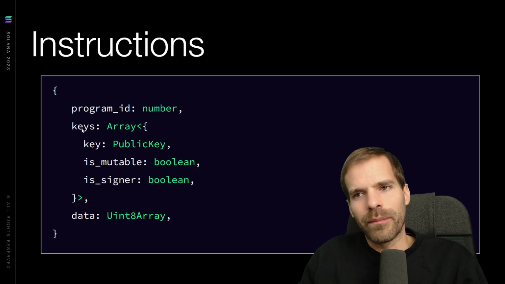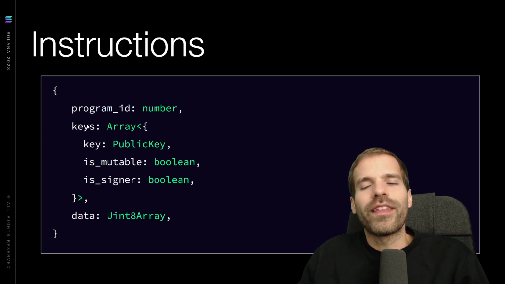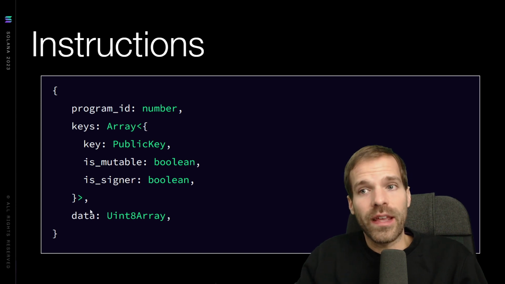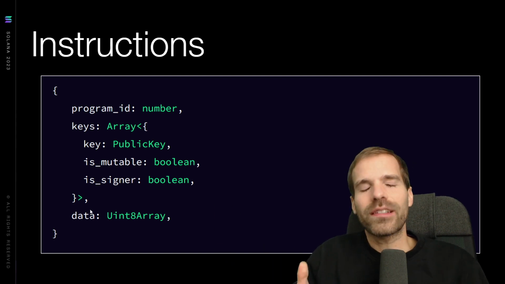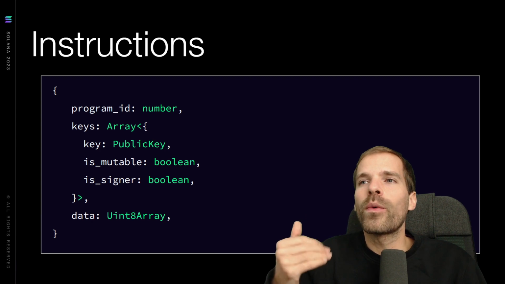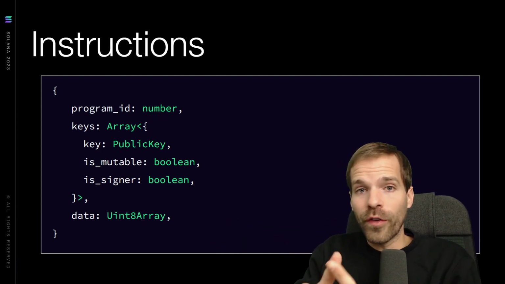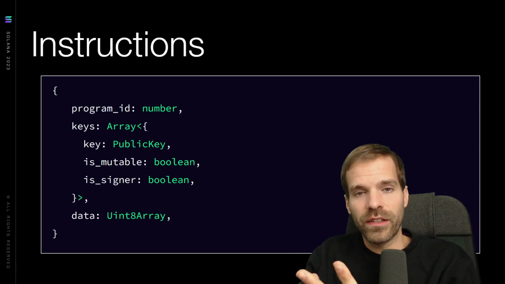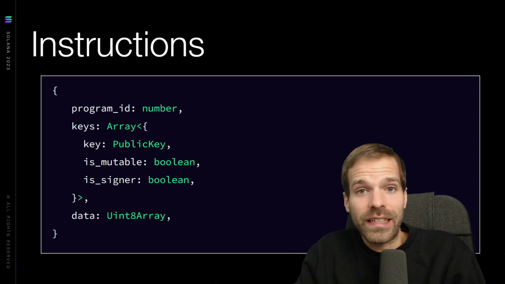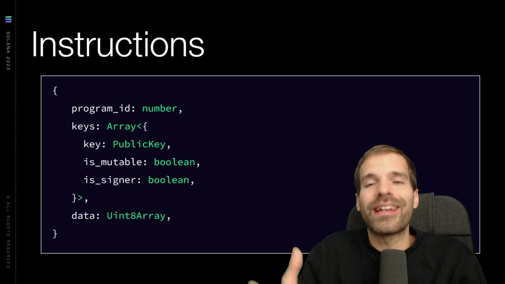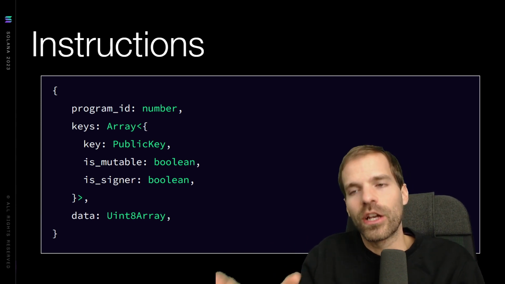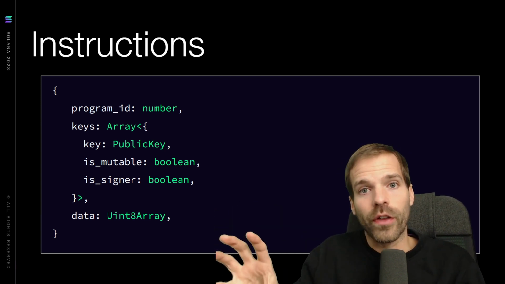The keys, maybe a bit misleading in the term, that's again accounts. Which accounts do we reference in this instruction? That's also a Solana specific thing where we need to know upfront which accounts are modified or read in this instruction. That's just the architecture of Solana because it allows us to parallelize a lot of things if they don't work on the same state.